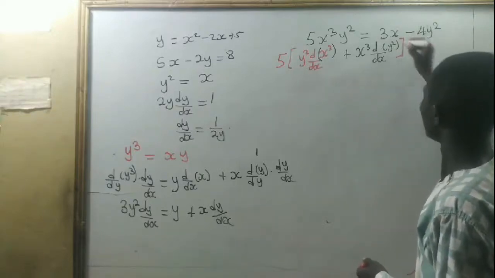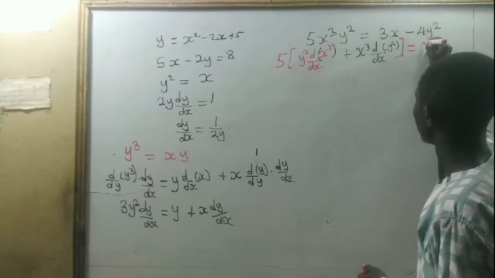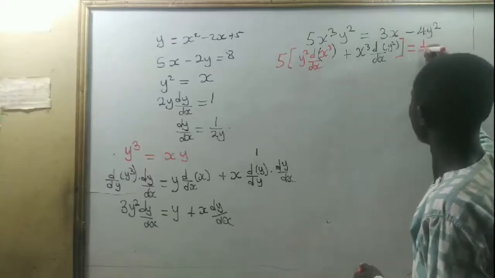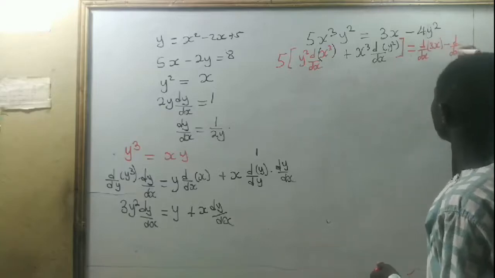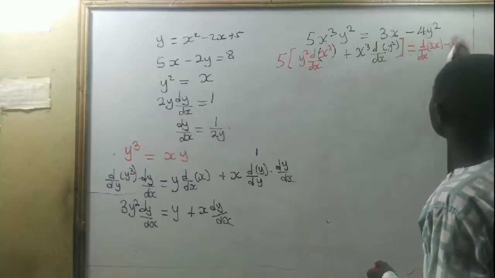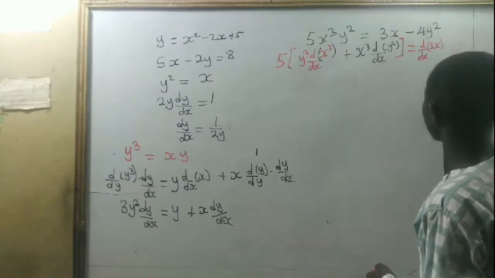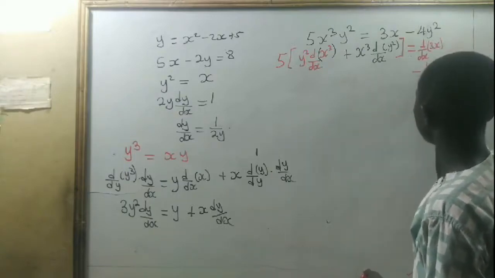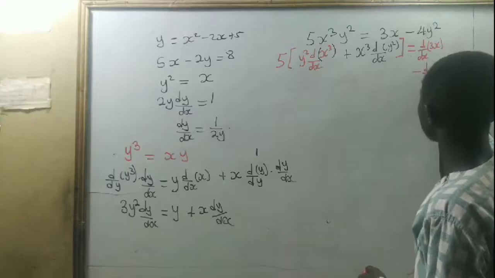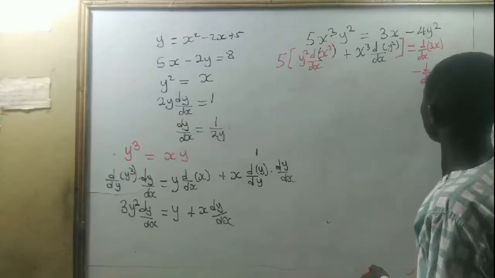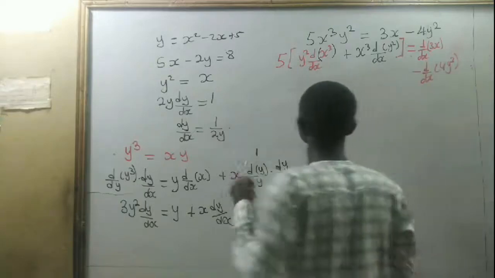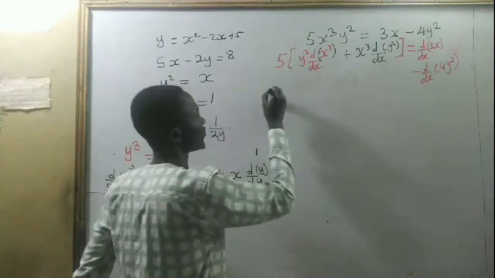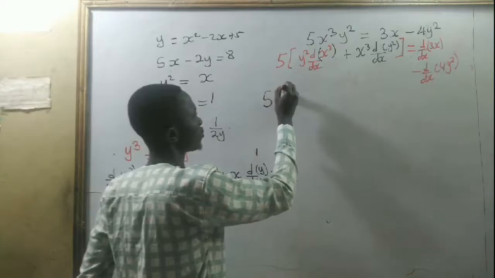This will be equal to d/dx of 3x minus d/dx of 4y squared. Now let's do it. So here we have 5 being constant.